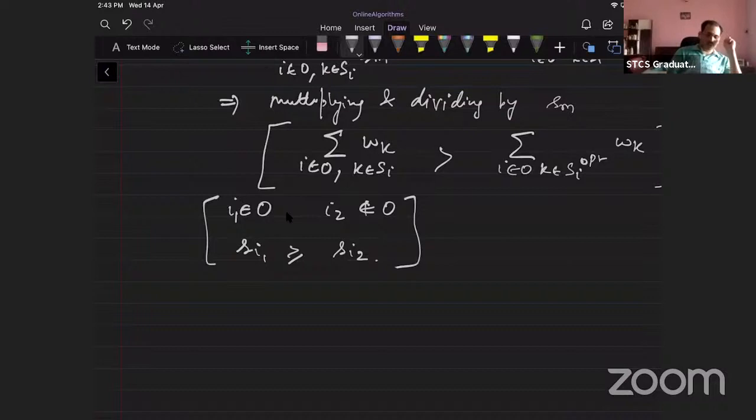So now can somebody say what this means and use this fact? So there is at least one job which has been assigned by the algorithm to the set of machines O, which has not been assigned by the OPT to the same set of machines. And we know that if the machine lies outside of set O, its speed is smaller than the machines lying inside O. That is what I mean by S_I1 greater than S_I2.